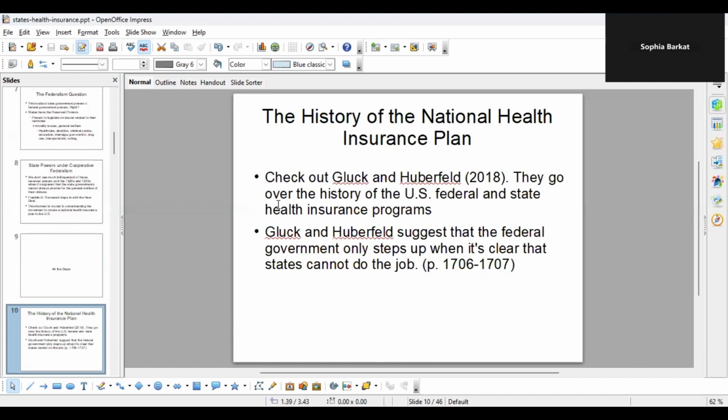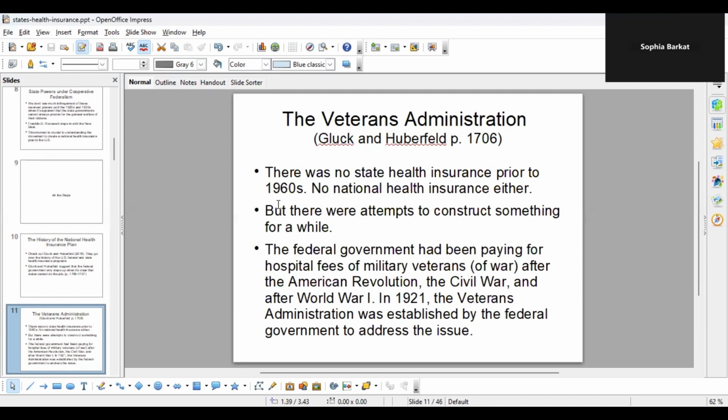If you read that, you'll notice they go over the history of the US federal and state health insurance programs. They suggest that the federal government only steps up when it's clear that states can't do the job, right? So there's a need for these kinds of insurance.